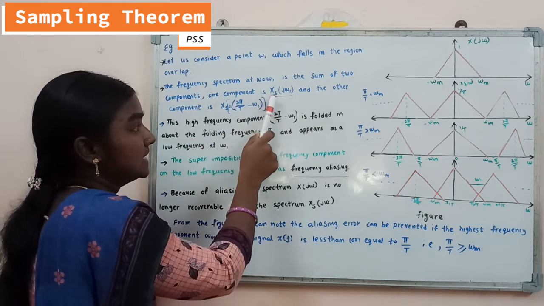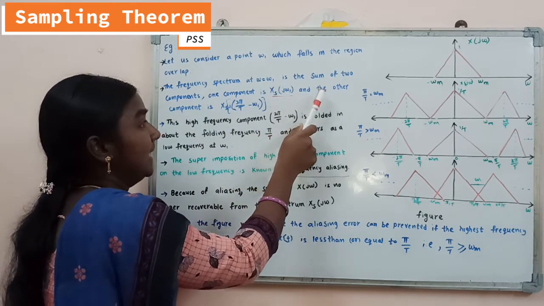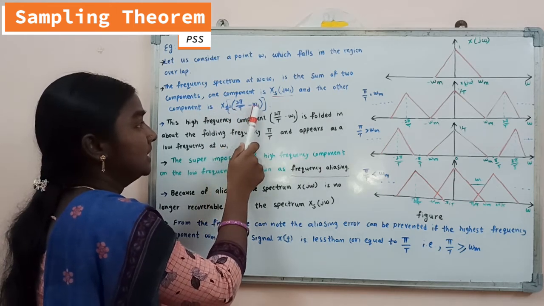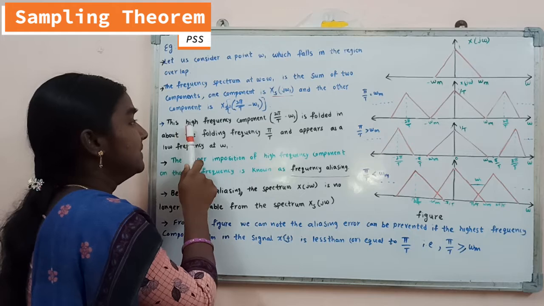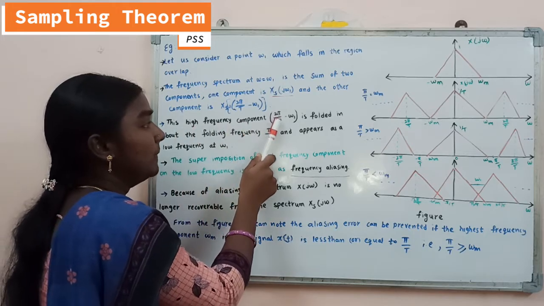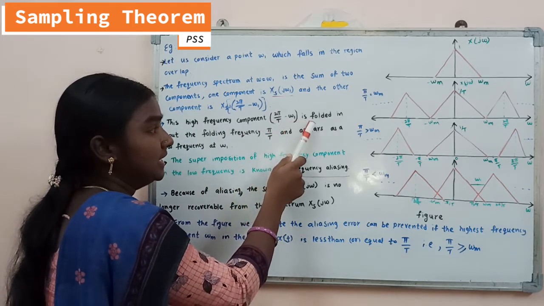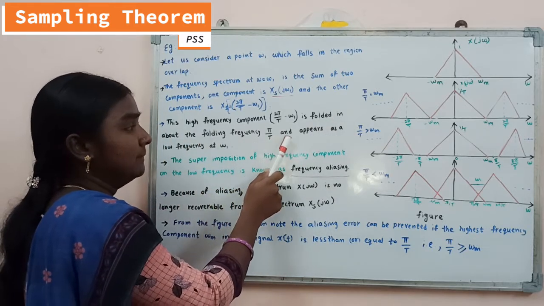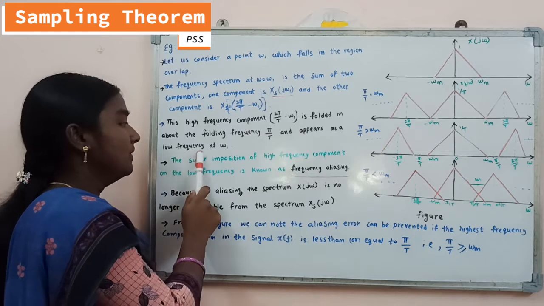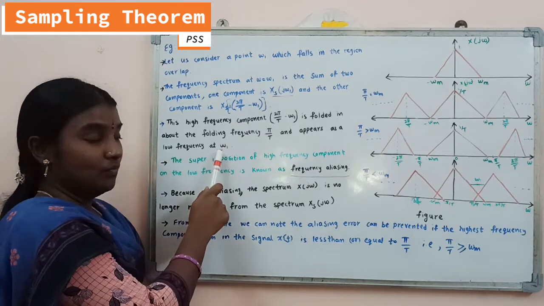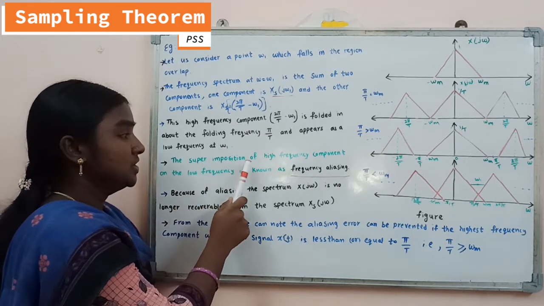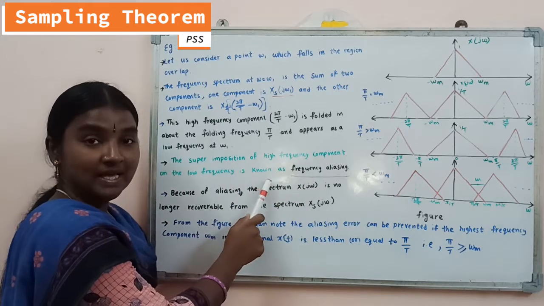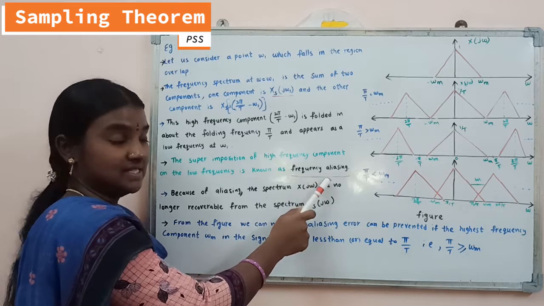One component is X of j omega 1 and the other component is X of j(2 pi by T minus omega 1). This high frequency component 2 pi by T minus omega 1 is folded in about the folding frequency pi by T and appears as a low frequency at omega 1. This superimposition of a high frequency component on the low frequency is known as frequency aliasing.